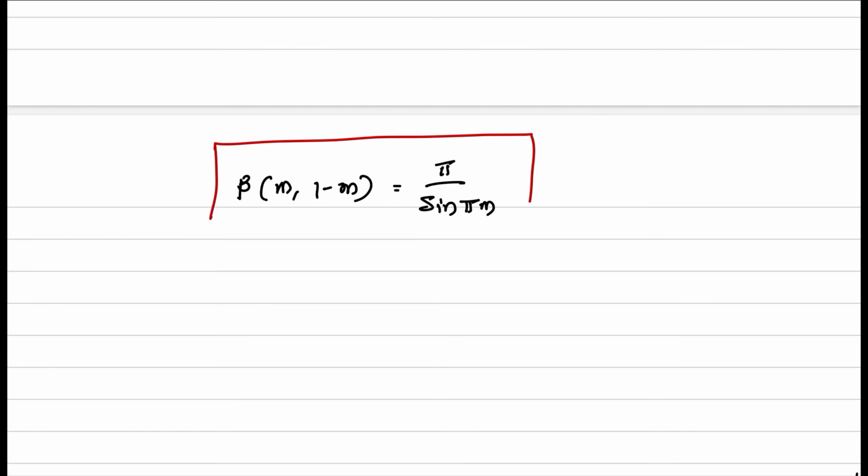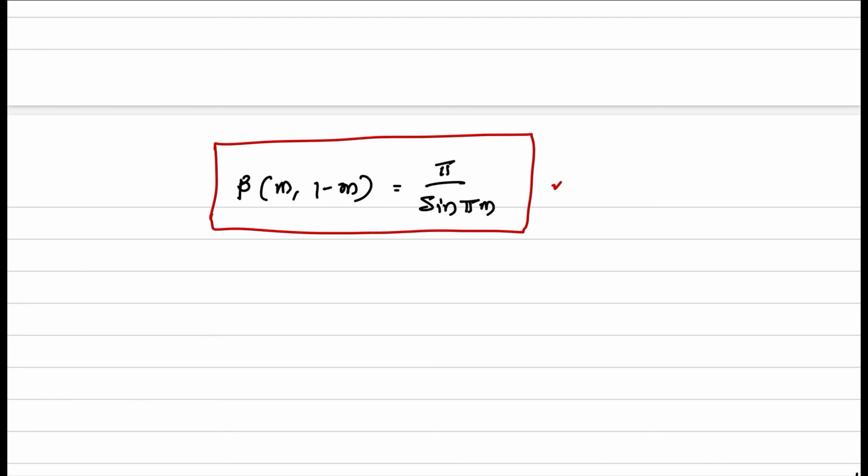Beta m, 1 minus m is equal to pi by sin pi m. This is a very important formula. All these formulas we will be deriving and proving in the following classes. Beta and gamma functions are very interesting and very important in mathematics.